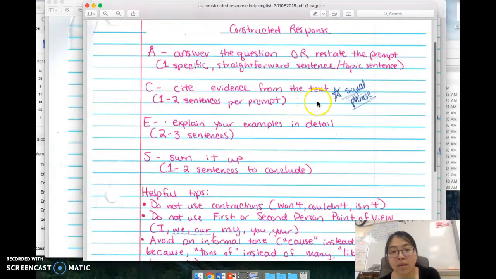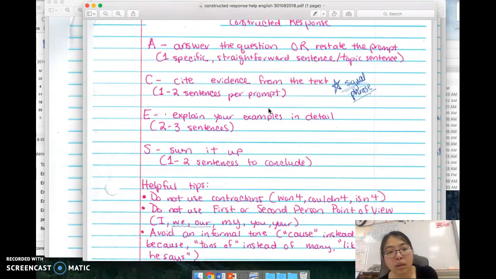Then you need to cite evidence from the text. Remember to use a signal phrase according to blah, blah, blah. That should be about 1 to 2 sentences. Depending on how much evidence the prompt asks you for, sometimes they'll be like, find 2 evidence, find 1, something like that. You also want to explain your examples in detail.